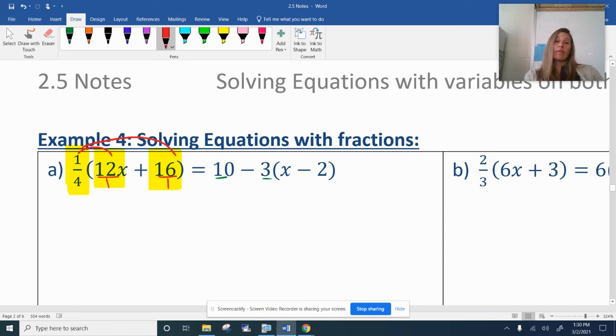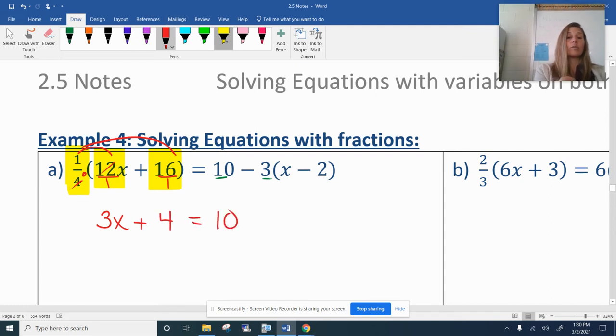And when you multiply a fraction to another number, you're multiplying the two numbers on the top and then the two numbers on the bottom. So 1 times 12 is 12, 4 times 1 is 4, and 12 over 4 is just 3. You could also think of that as cross canceling with the 4 and the 12. Now 1/4 of 16 is 16 over 4, which is 4.